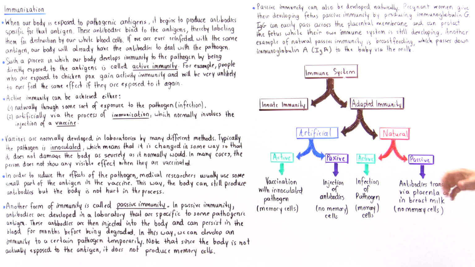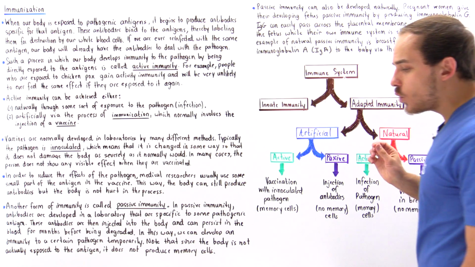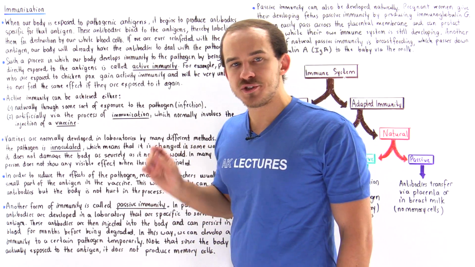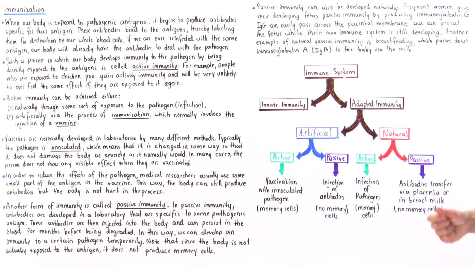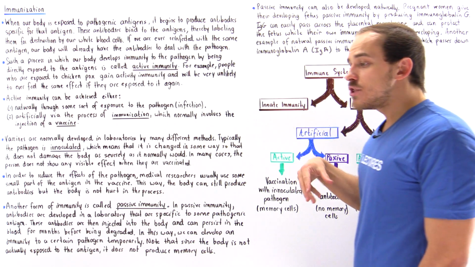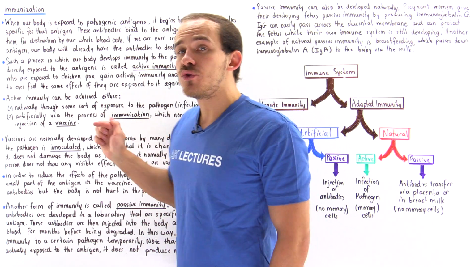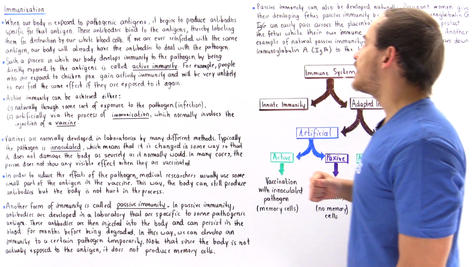Pregnant women give their developing fetus passive immunity by producing specific antibodies known as immunoglobulins G. And immunoglobulins G are small enough to actually pass across the placental membrane and into the blood found inside our fetus.